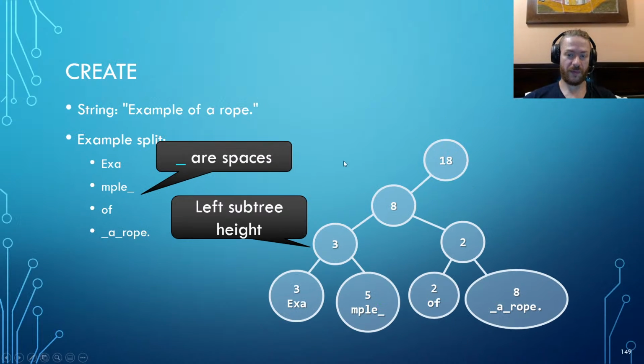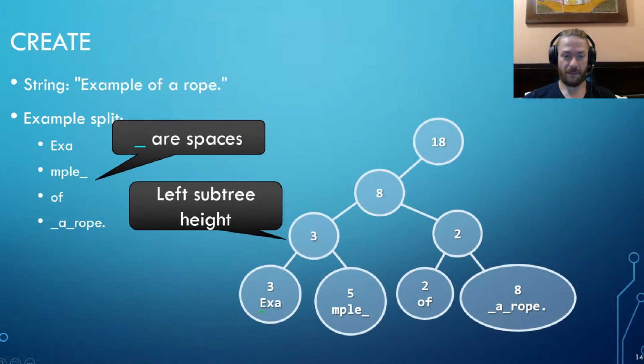That's the rope. So we start by building our parts. We split the string, store the length of the string, 5 and 3, and then build up. We store the 3 because it contains the left subtree. Then we build the next one.